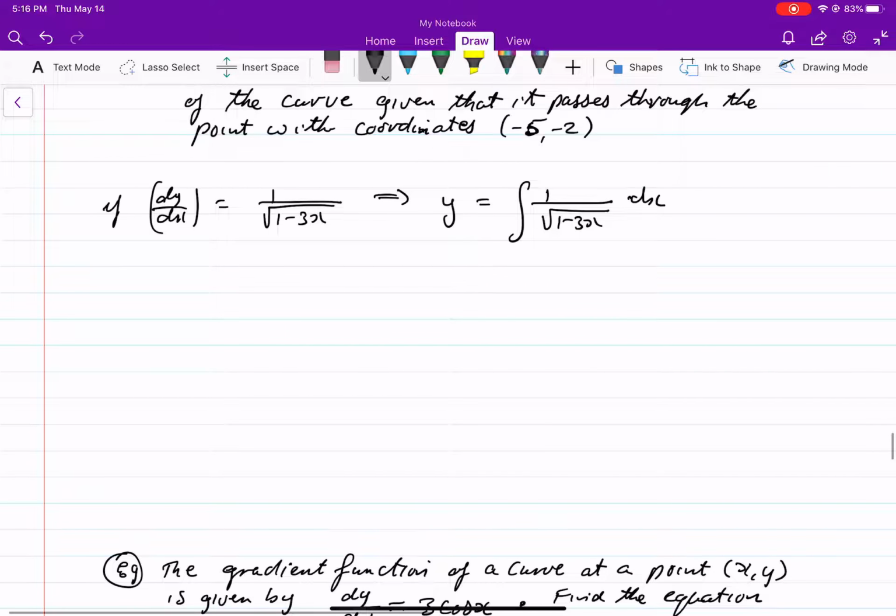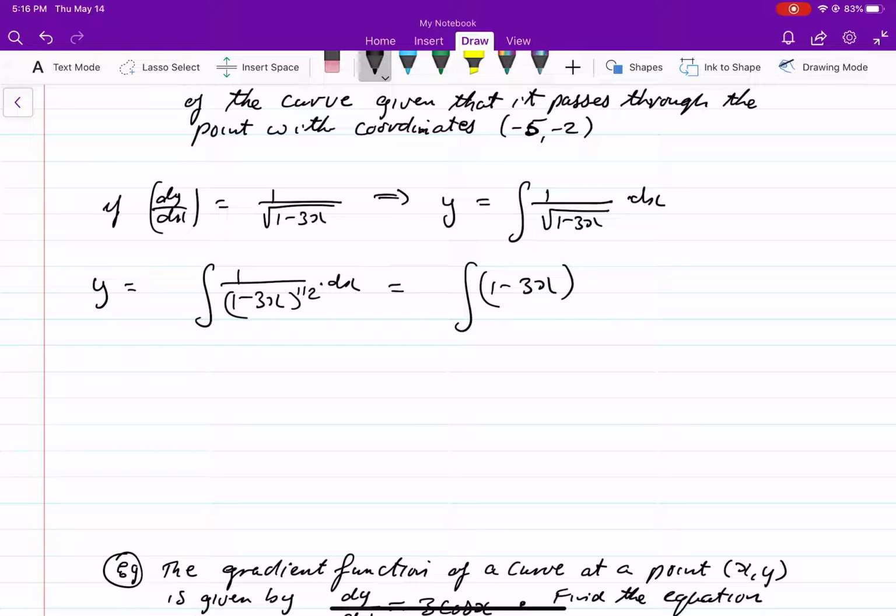Of course we can. y would be equal to the integral of 1 over 1 minus 3x to the power of a half, dx, and then throw the 1 minus 3x to the half up into my numerator, and that becomes the integral of 1 minus 3x to the power of minus a half dx.